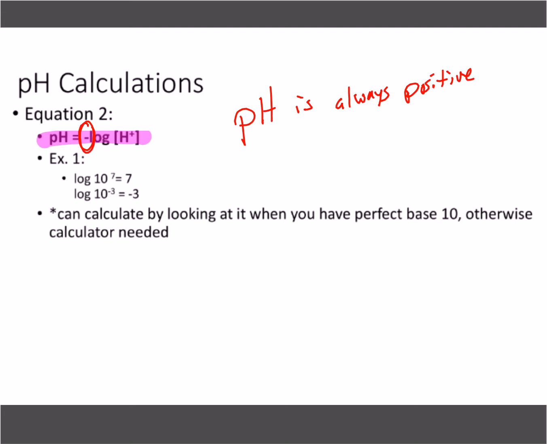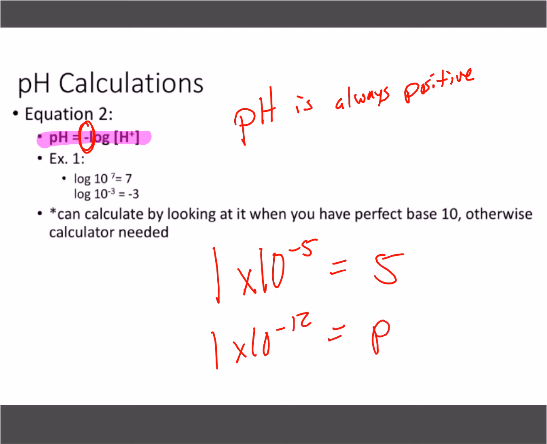If you see a hydrogen ion concentration that is 1 times 10 to some power, guys, you started noticing this yesterday in the video. If it was times 10 to the minus 5, what was our pH? 5. If it was 1 times 10 to the minus 12, what was our pH? 12. So if you see something that has a perfect 1 out in front, or if it's just an exponent, like 10 to the minus 5, they equal each other.